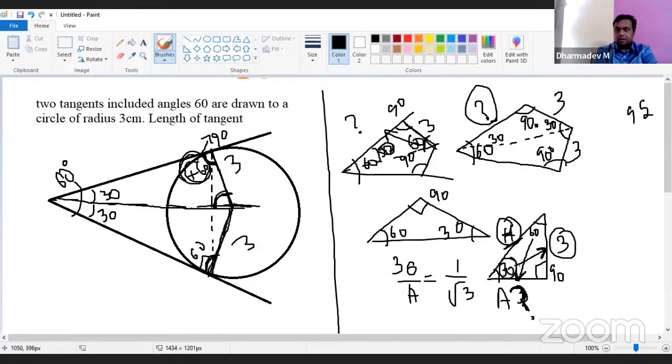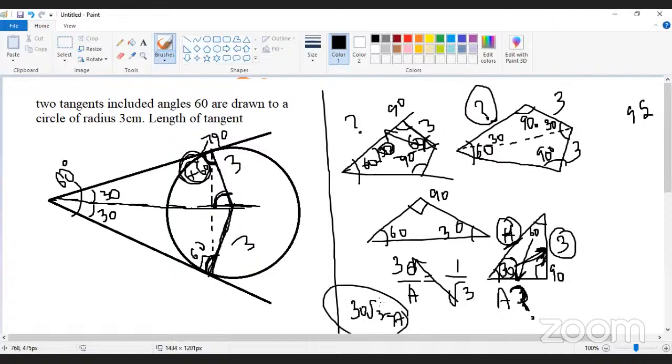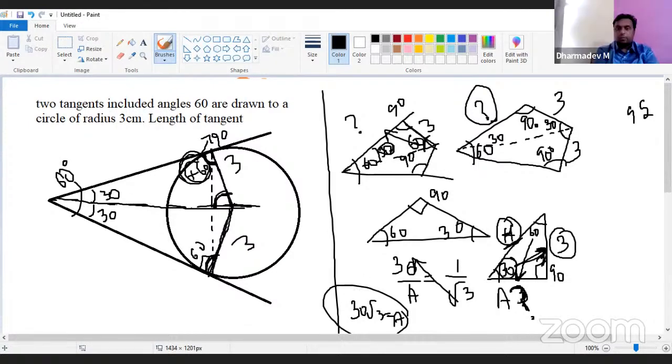Since I know this angle is 30 and this is 3, I take it as 1 by root 3, cross multiplying, so that is 3 root 3, which is equal to A. I hope you would not get so complicated, so please do not come up with this. It might not help you. Okay, done. Shall we go with the next one?